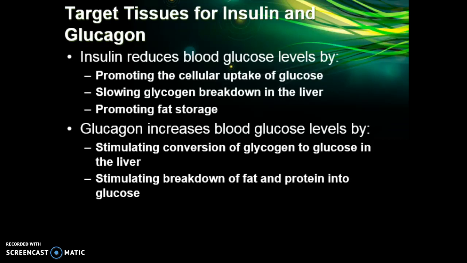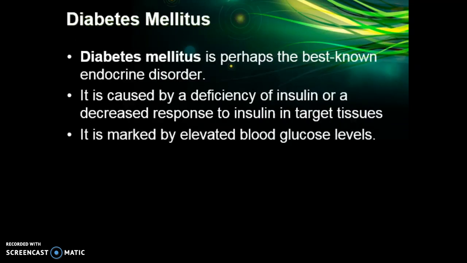Then glucagon is going to increase blood glucose levels by stimulating conversion of glycogen back to glucose in the liver and stimulating the breakdown of fats and proteins into glucose, again, so we have more of that energy available for our fight or flight response or for our blood sugar levels. Sorry, I'm mixing up my examples here.